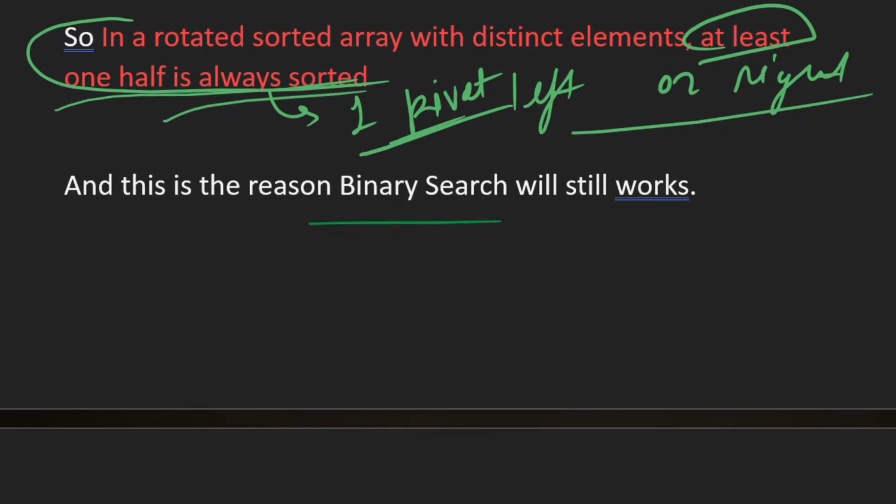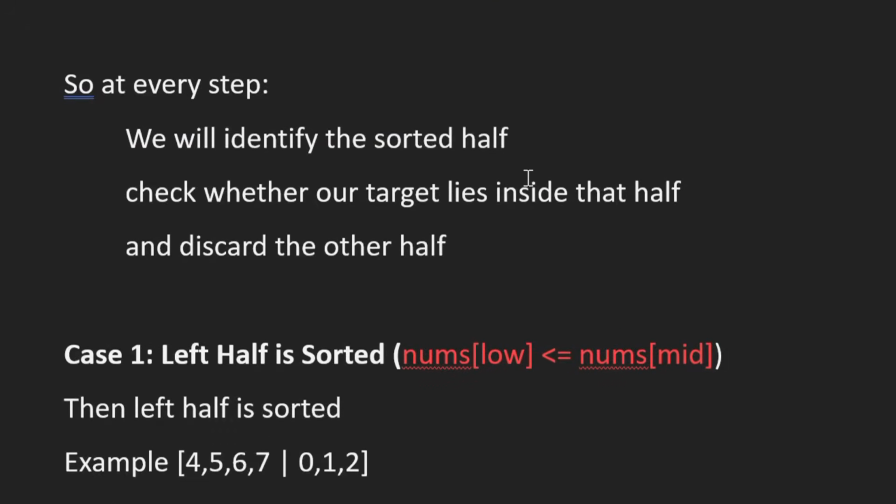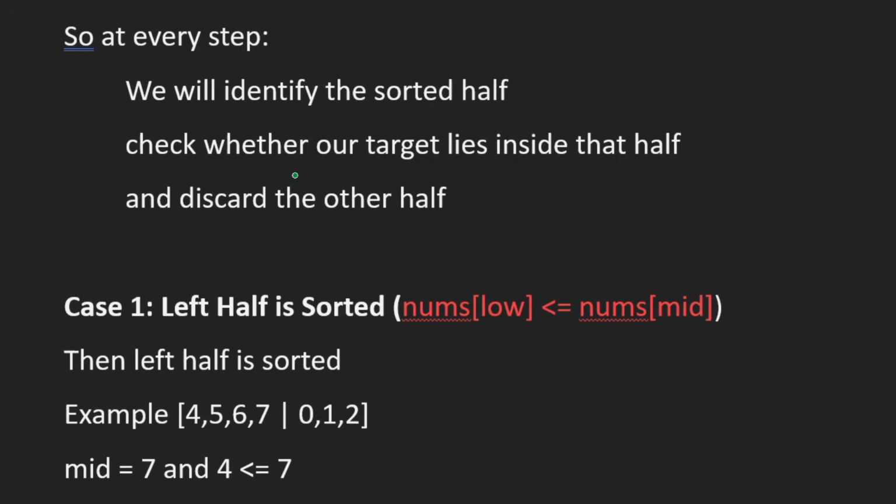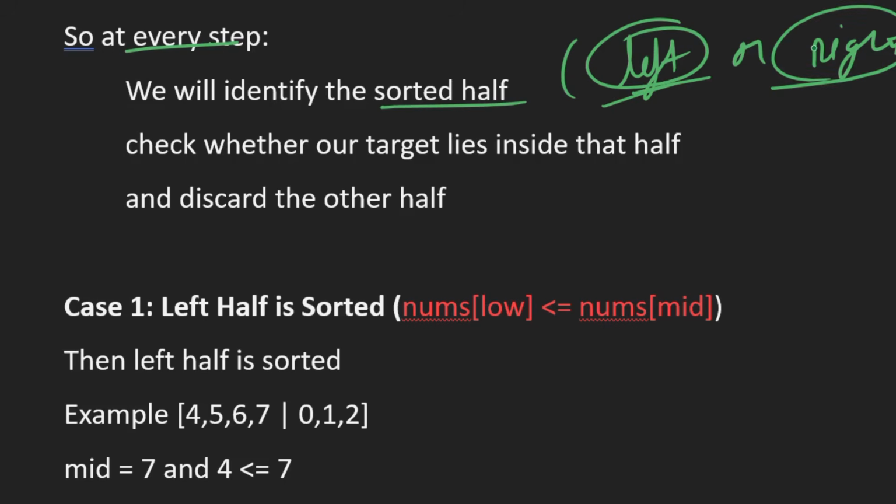This is the reason that we can use binary search over here, right? This condition that at least one half will always be sorted. So now what we'll do is, at every step we'll try to identify which half is sorted, either the left half or the right half. First, our task is to find the sorted half.